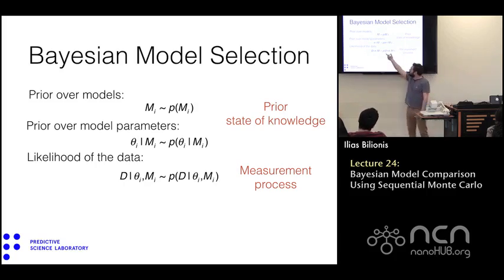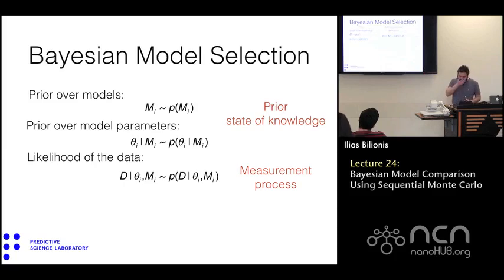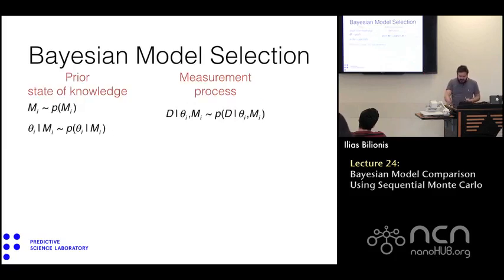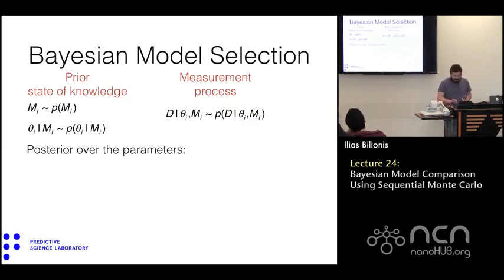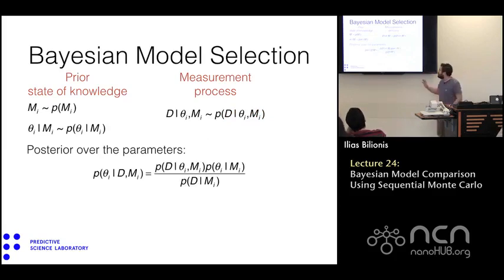And actually this likelihood, whether it's Gaussian or maybe log normal or whatever, is part of the model, right? So your differences between models could be a difference in the measurement process, in the different assumptions about the noise as well. And once you have all that, then you can derive the posterior over parameters for a given model.